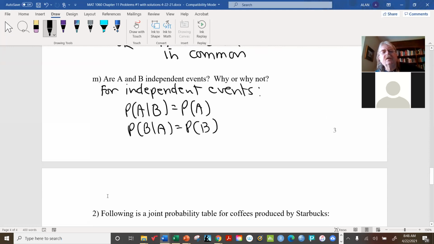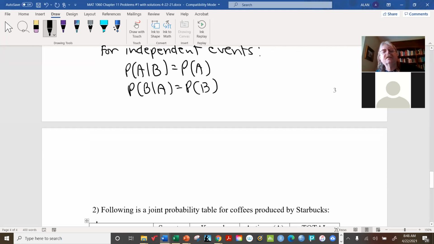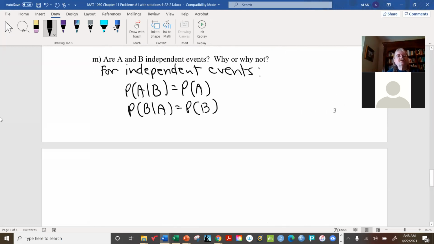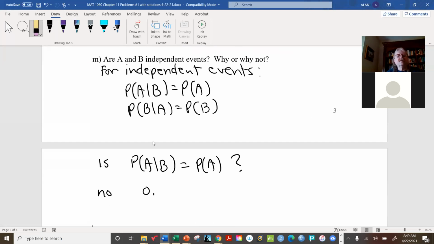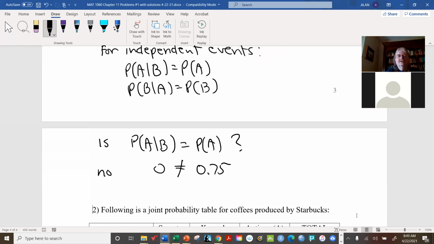So in order for us to determine if A and B are independent, we have to test whether or not these statements are true. So we'll start with the first one. Is it true that these are equal? And we'll discover very quickly that the answer is no, because 0, the first one is 0, is not equal to 0.75. So right off the bat, we know that this is not going to work.